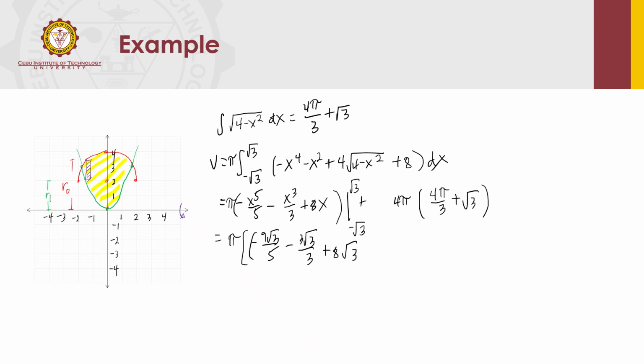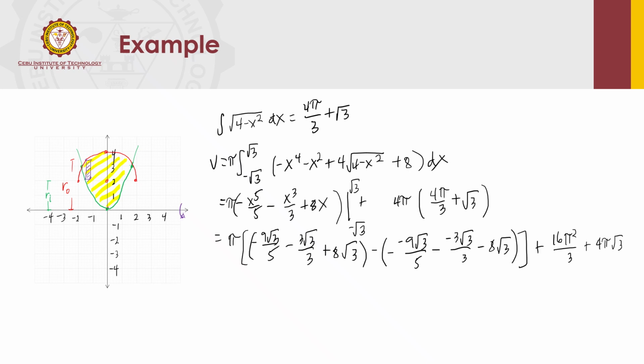And for the second part, it's minus negative 9 square root of 3 over 5 minus negative 3 square root of 3 over 3 plus or minus 8 square root of 3. Plus 16 pi squared over 3 plus 4 pi square root of 3.